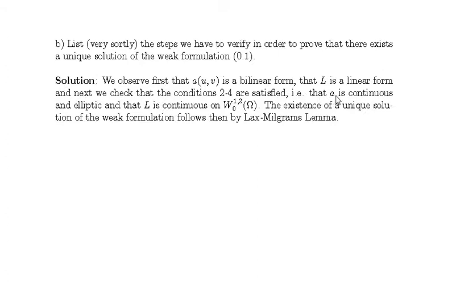That means that we should check that A is continuous and V elliptic, and that the linear form is continuous on W0. The existence and uniqueness of the solution of the weak formulation follows then by the Lax-Milgram lemma.